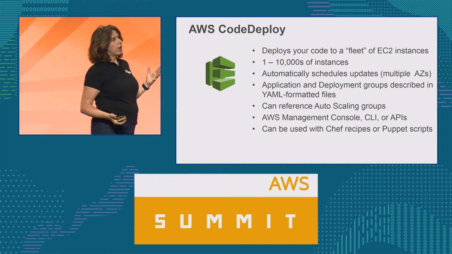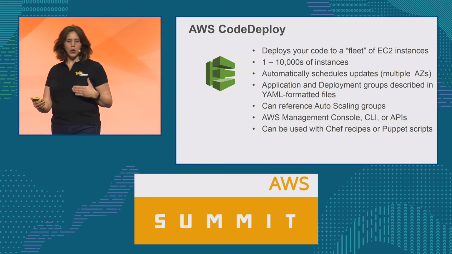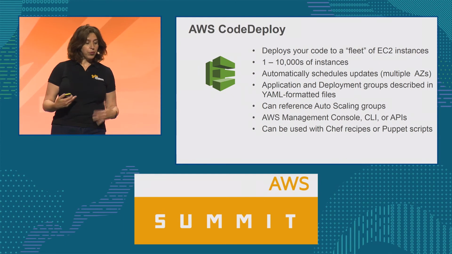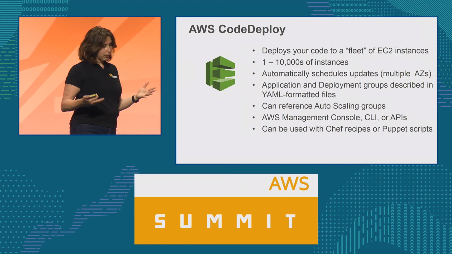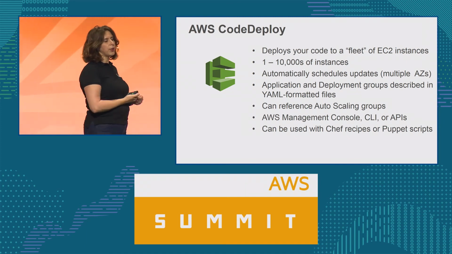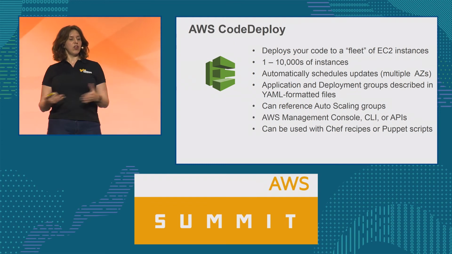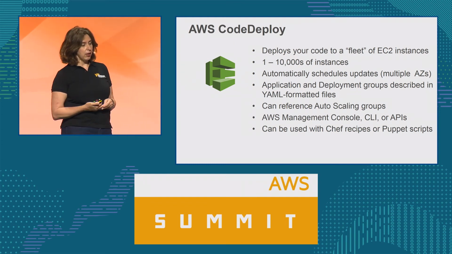So another part of managing your code is having a way to automate your code pipelines and your code builds and your code deployments. So we have tools in all of those areas. This one, CodeDeploy, we're going to look at just briefly here. We'll deploy code into a fleet of EC2 instances. It can manage tens of thousands of instances.